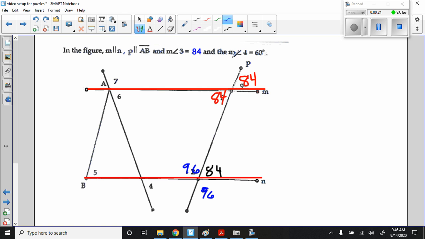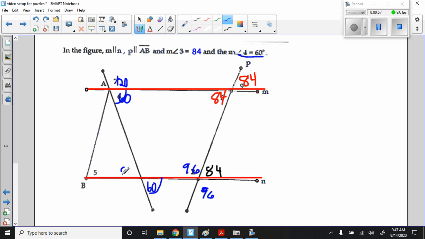So let's take a look at angle 4 is 60. Put that 60 in there. Okay, so I can cross these 2 red parallel lines, and angle 6 and angle 60 here are going to be corresponding. So I know this guy is 60. Do my half circle here with 7 and get 120 because it adds up to 180.